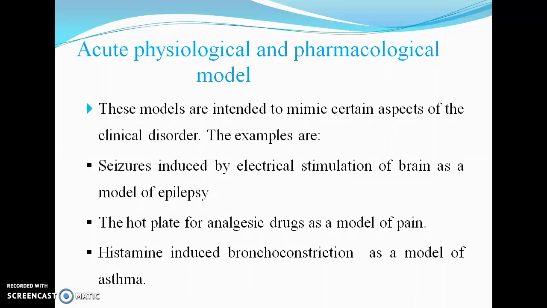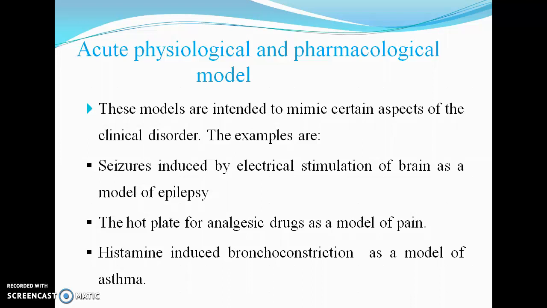These models are intended to mimic certain aspects of clinical disorders. This can be achieved by changing the physical status or by giving some chemicals, so that the animal shows the disease symptoms.